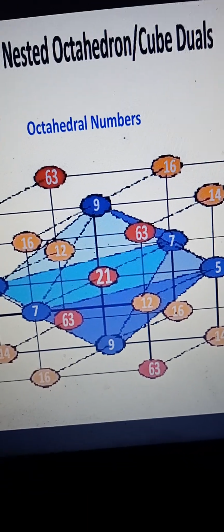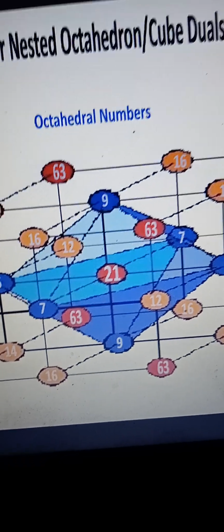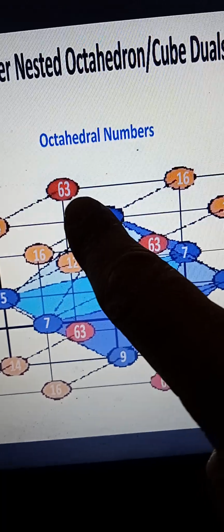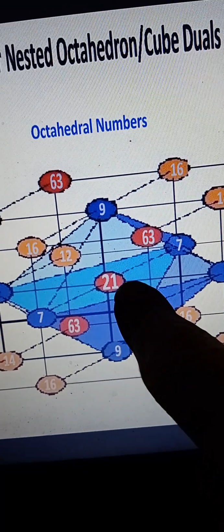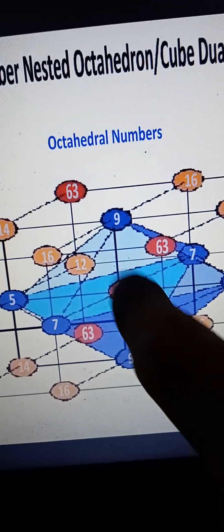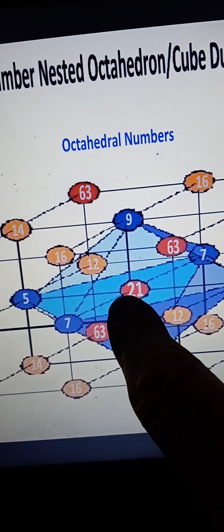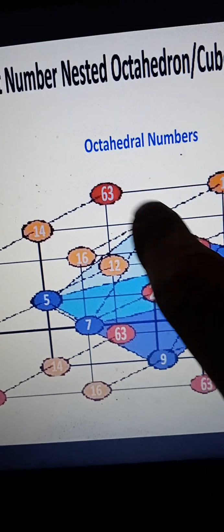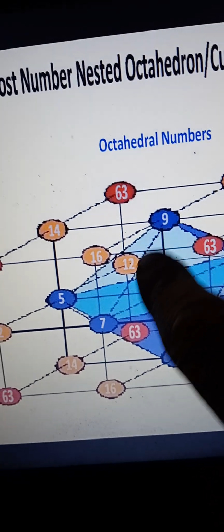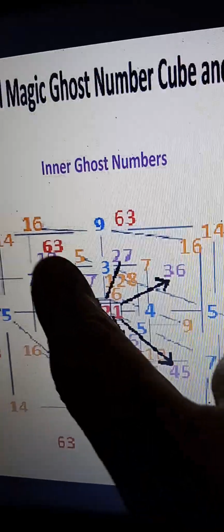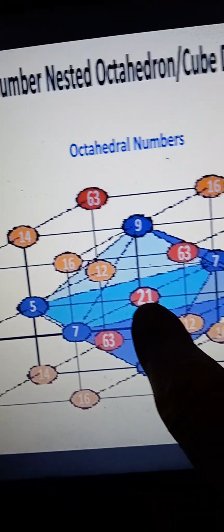you can still raise the cube. You can still keep the cube the same number, 63 for 21, 3 times 63, without including the central ghost number, and it doesn't raise the cube if you strip out the inner cube and leave just the central ghost number.